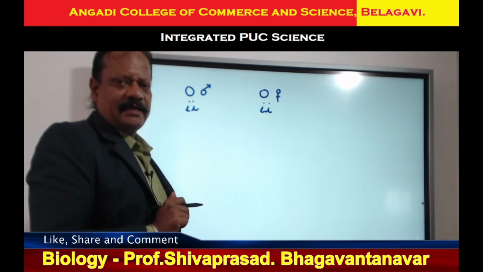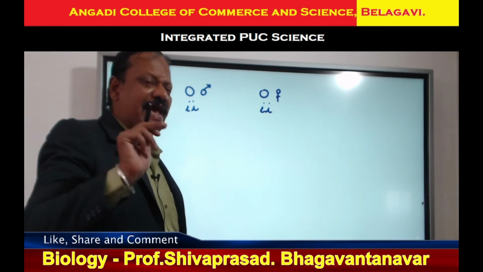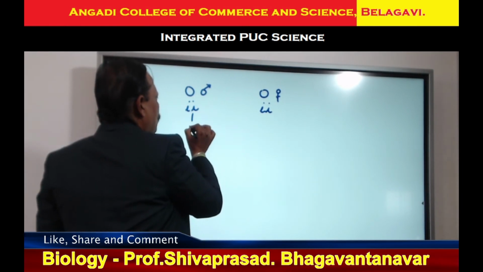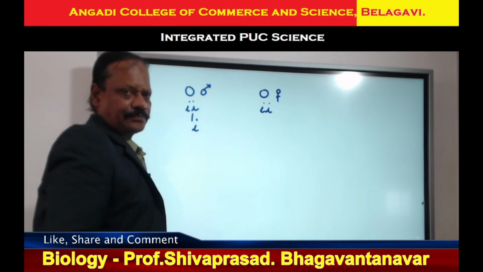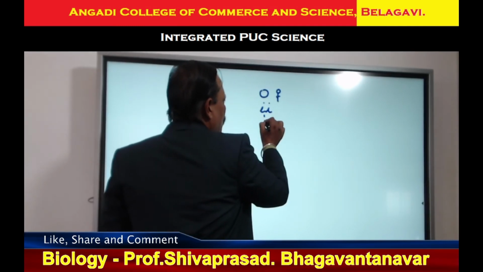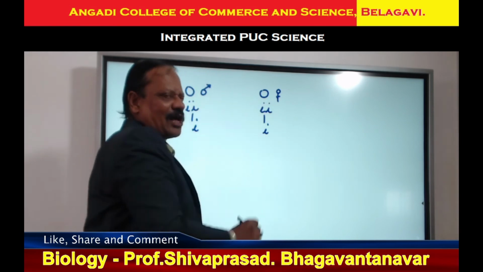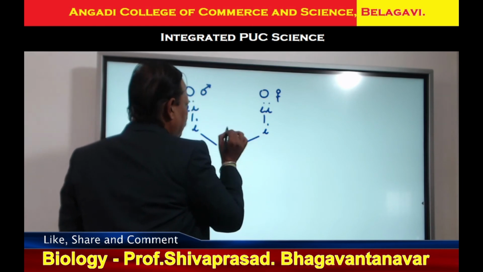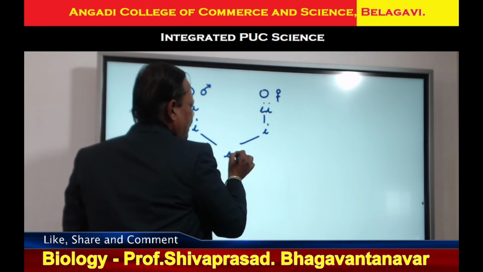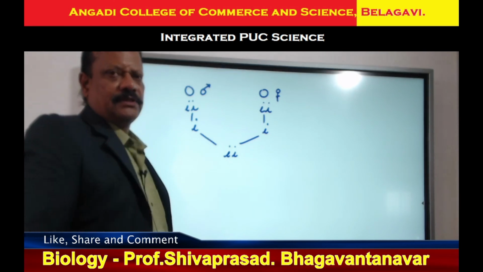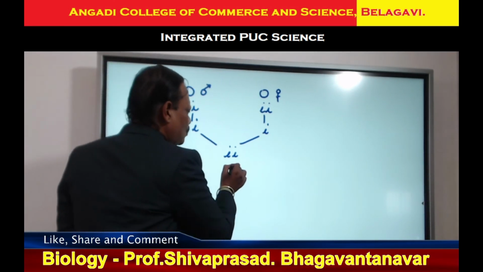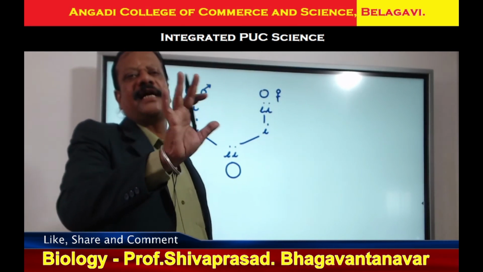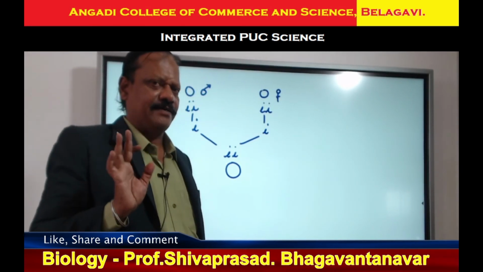As it is homozygous, it produces only one gamete, small i, and here also only one gamete, small i. Then in combination, it is small i and small i. So the possible blood group is only O, none other than O. Hope it is very clear.